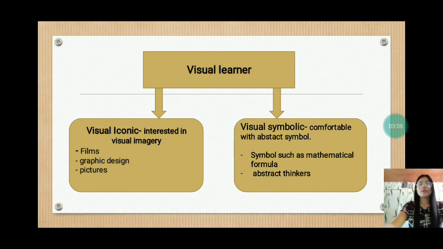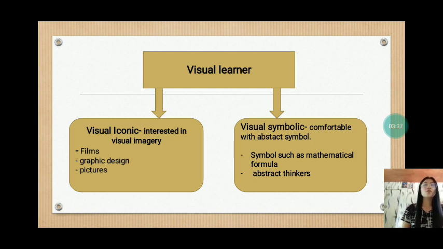Say Richard further breaks down visual learners into two, which are visual iconic and visual symbolic. If you are a visual iconic person, you are interested more in visual imagery, for example film, graphics, displays, or pictures. They have good picture memory, so they would like to read a map rather than a book.